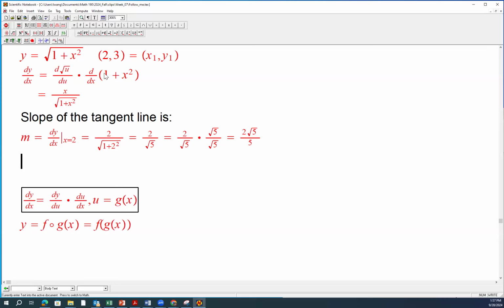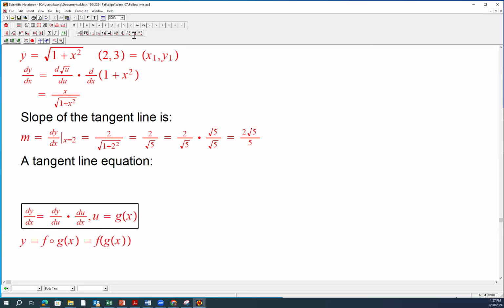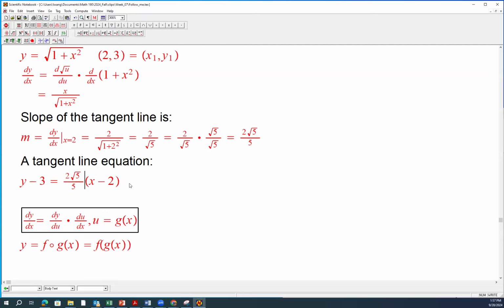And the tangent line equation by the point slope formula would be y minus y sub 1 equals m times x minus x sub 1. You can put the numbers in directly: 3, 2, and 2 times root 5 over 5.